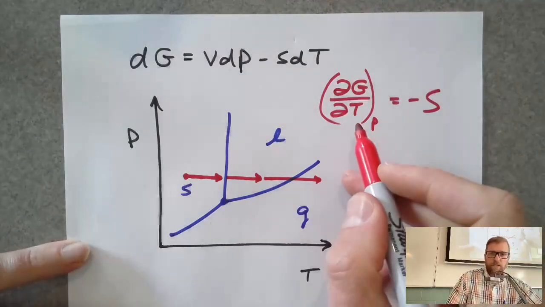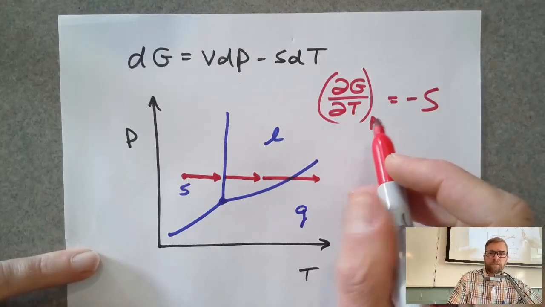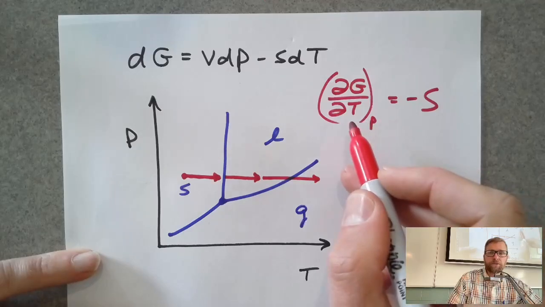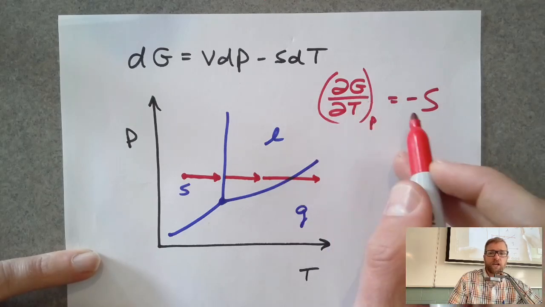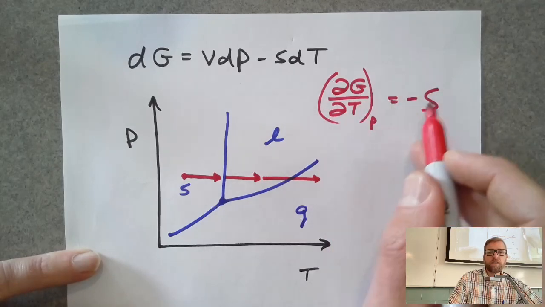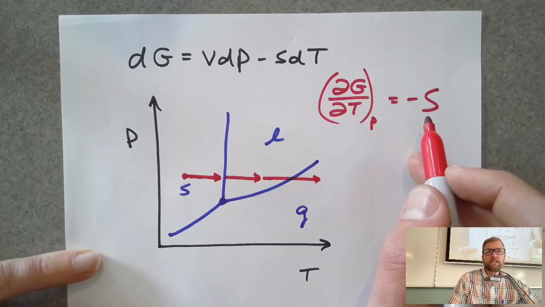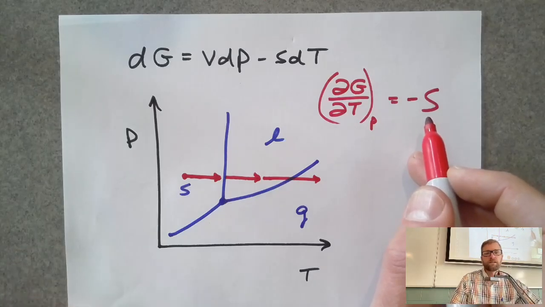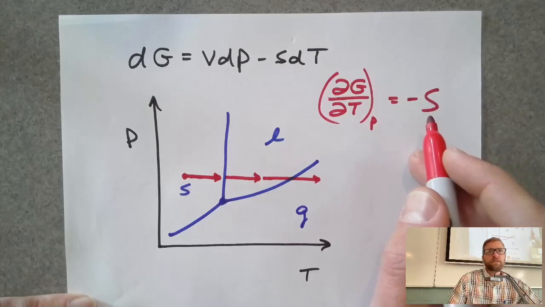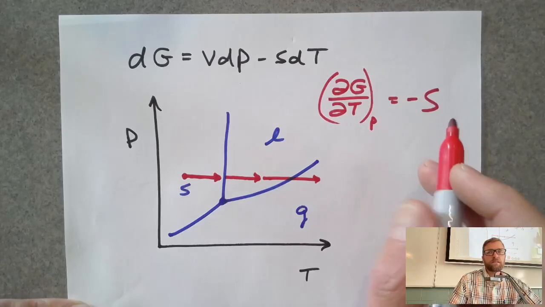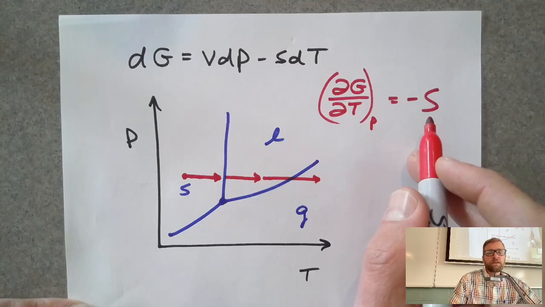All right, so what does this tell me? This tells me that if I'm changing temperature with constant pressure, that G is going to change where the slope of that is negative S, negative the entropy. Okay? Now let's think a little bit about this.